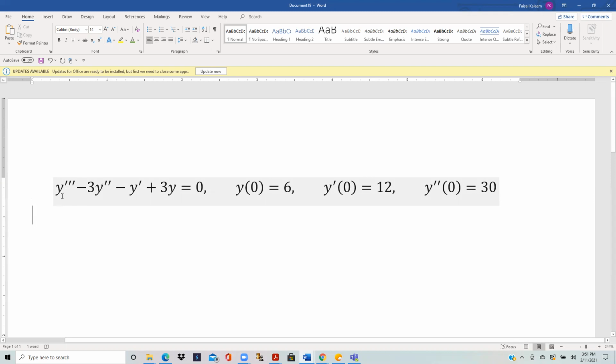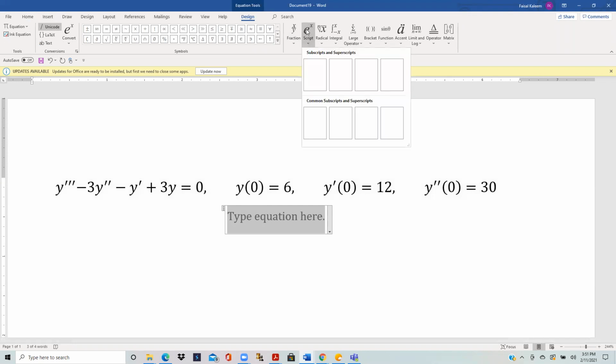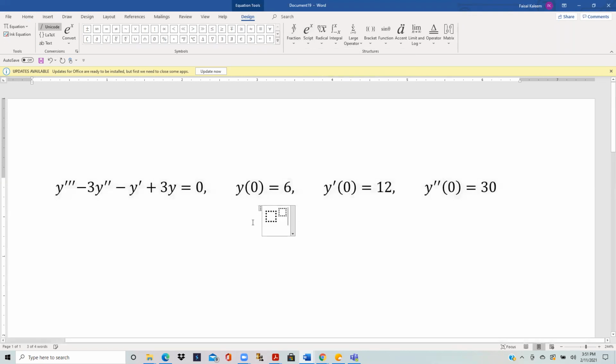So the auxiliary equation here will be r cube minus 3r squared minus r plus 3 is equal to 0.